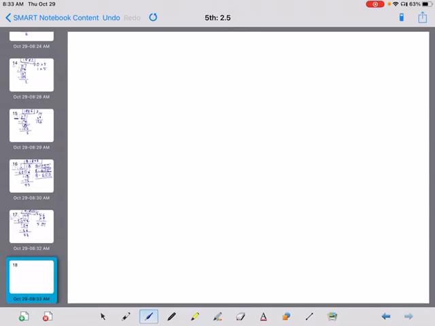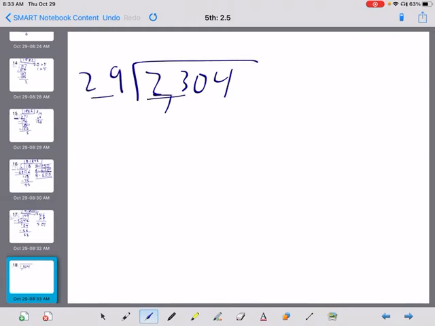All right, let's go to number 21, 2,304 divided by 29. Think 29 doesn't go into 23, it goes into 230. Well, let's see here. 290 would be 10 times.